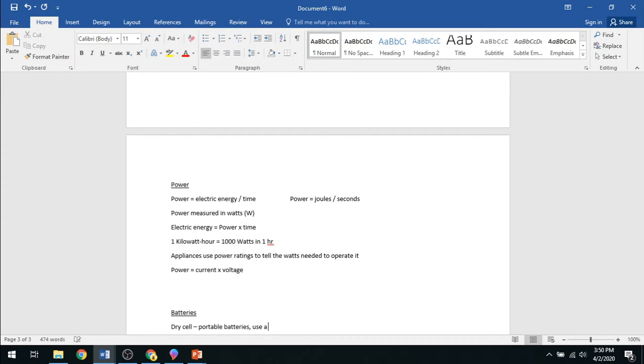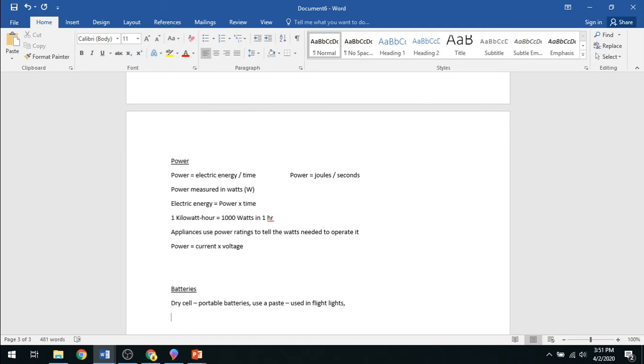They use a paste inside of them. And we use them in flashlights, all sorts of things. Xbox controllers, anything that you've got, there's AA, AAA, D cell, C cell, those are all dry cell batteries.